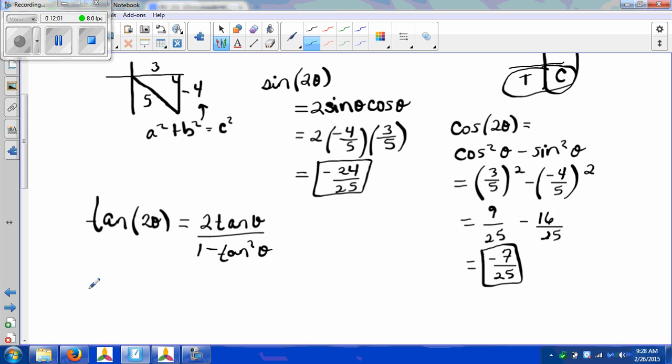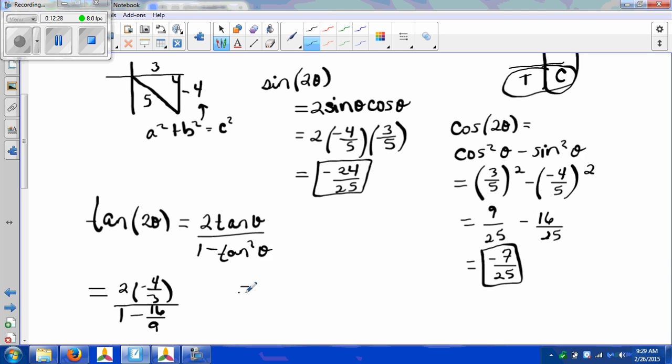So that is 2, and then the tangent of theta is opposite over adjacent, so negative 4/3, over 1 minus 16/9. And then I could figure that out and blah, blah, blah.